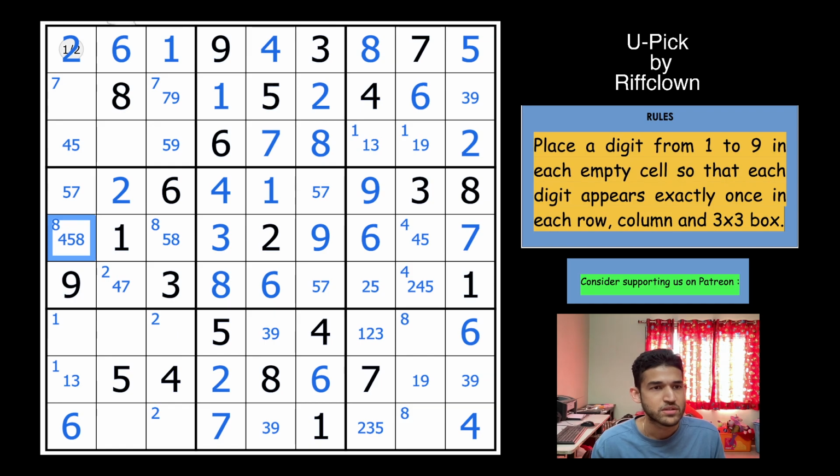Ah, look at these 3 cells, guys. Again an XYZ wing. The same thing that we saw here. We had a 3 9 here, a 3 6 9 here, a 6 9 here.